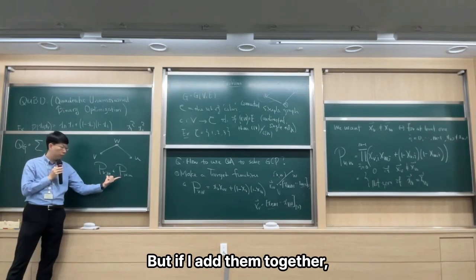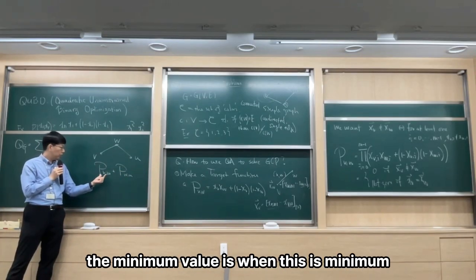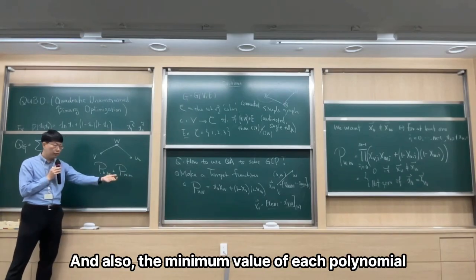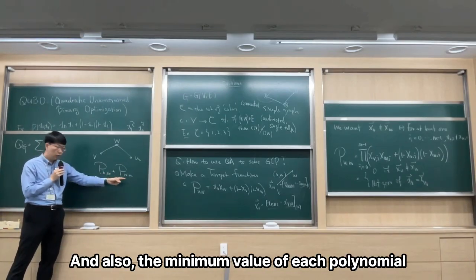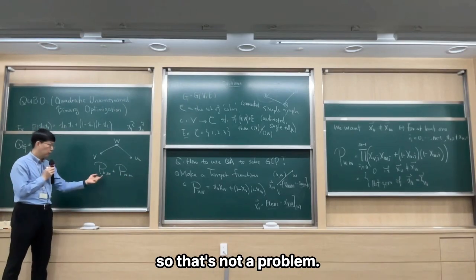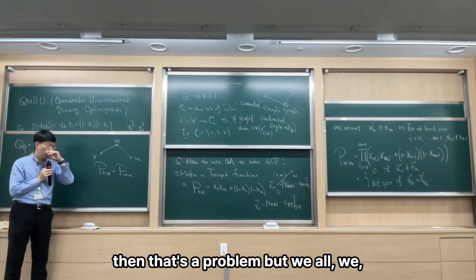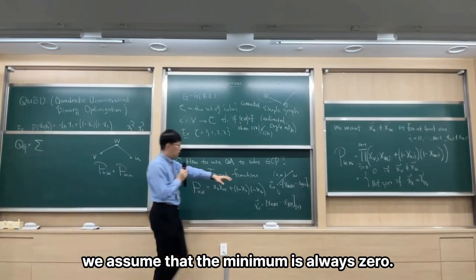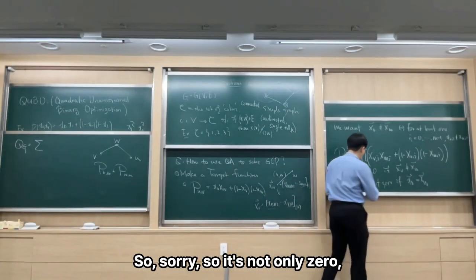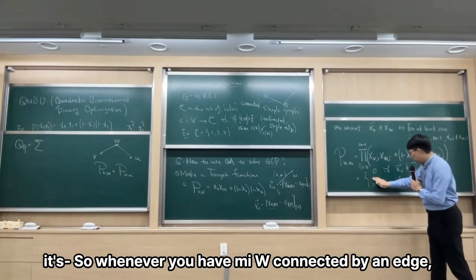So if I add them together, the minimum value is when this is minimum and that is minimum. Also, the minimum value of each polynomial is the same, 0, so that's not a problem. If the minimum values are different, then that's a problem. But we assume that the minimum is always 0. So it's not only 0, it's positive.